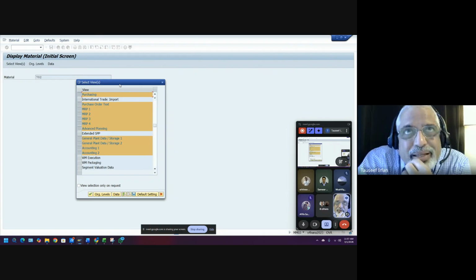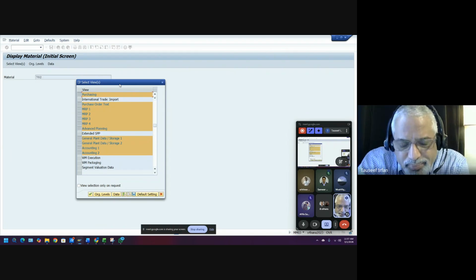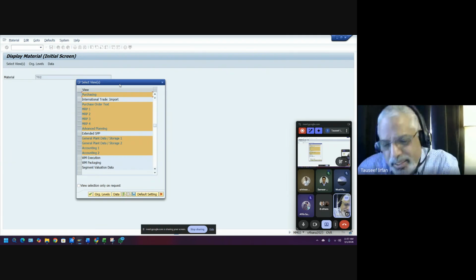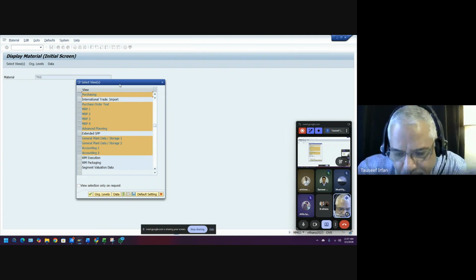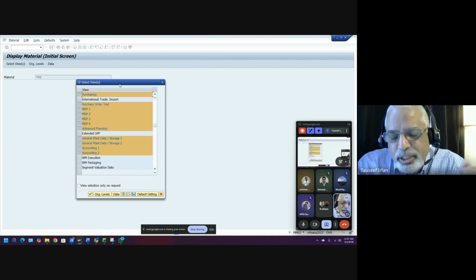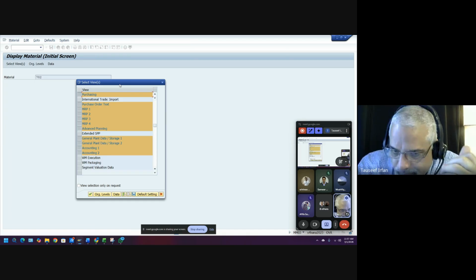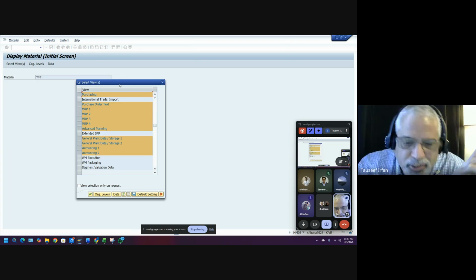When they moved ePPDS from APO to HANA, they took PPDS from APO and put it inside ECC, changed the database to HANA, and made it an S4 HANA. That's what they did. When they did all that, they didn't change much on what IBP has and what PPDS is coming from APO. Not much work has been done on that area. They just repackaged it.